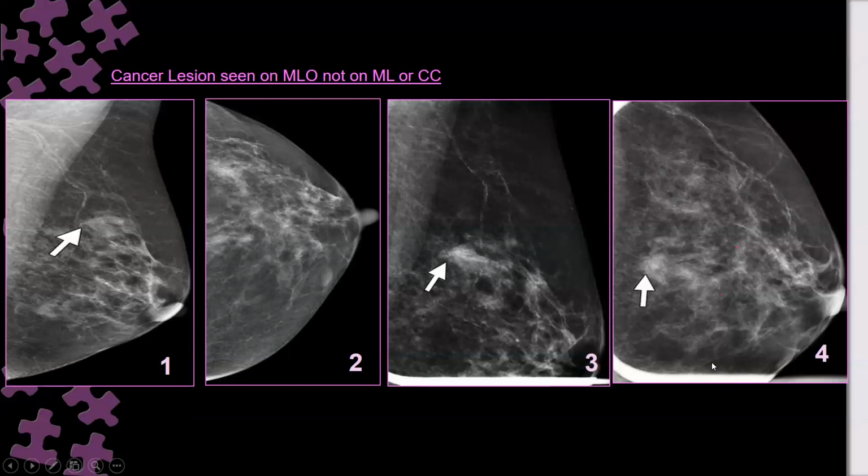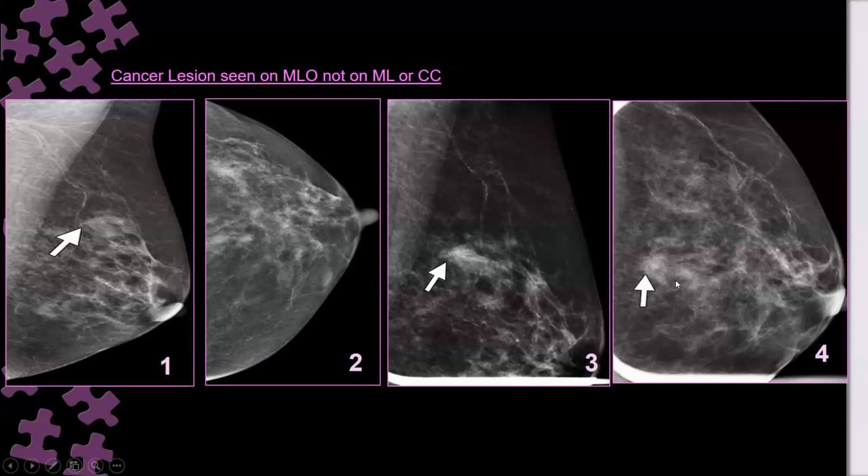At the beginning you said this is a CC view, but you can see the pectoralis more clearly laterally, so it's an extended lateral view. It looks the same as the CC view, but I could see the pectoralis more laterally, so I went to extended lateral view.